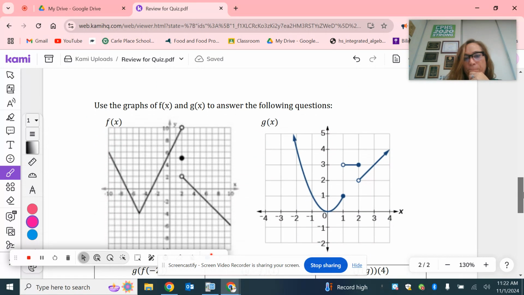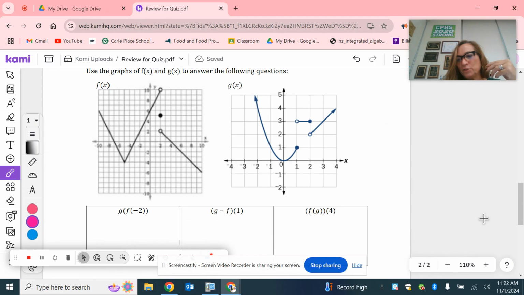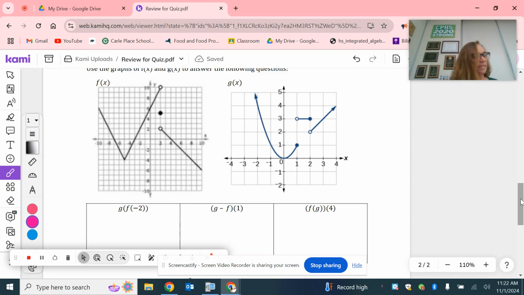All right, now it's the same thing, but we're using graphs. So I'm sorry, but I have to make it a little smaller so that I can actually see the graph and the question at the same time. Again, you work from the inside out. So I'm going to find f of -2, and I just go to the graph where x is -2, and I find that the answer is 2.